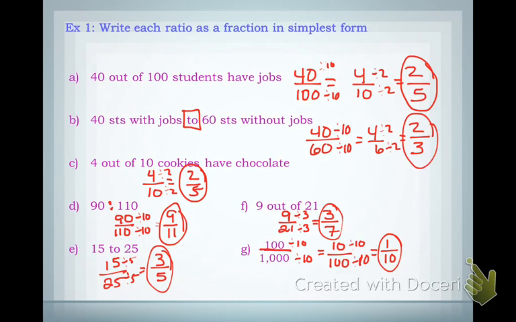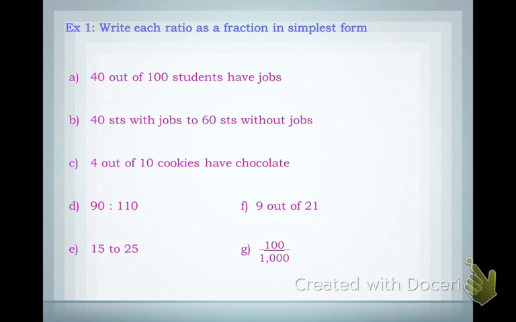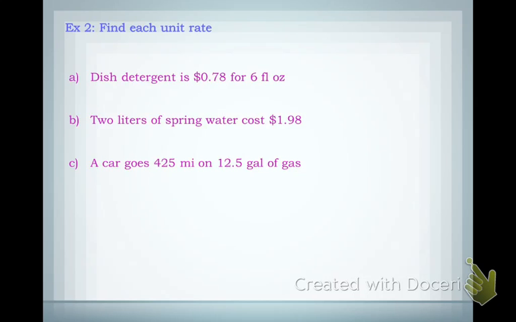Okay, example 2. We're going to find each unit rate. So when you find each unit rate, you're going to take the two numbers and you're going to divide them. I'm going to take the first number, which will always be on top. That will be your numerator.